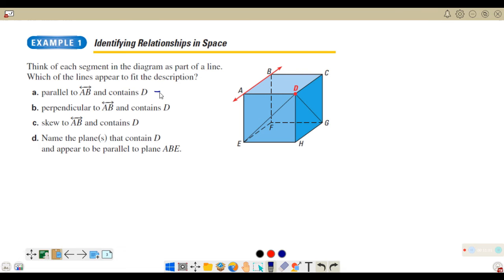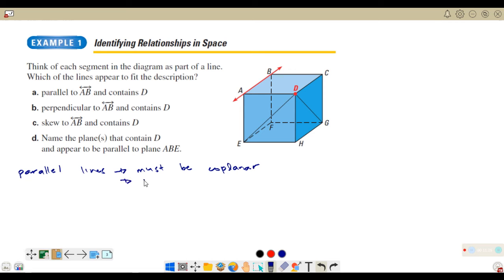Huwag natin kakalimutan yung condition ng parallel line. Ayun. So, condition ng parallel lines, unang-una, must be coplanar.